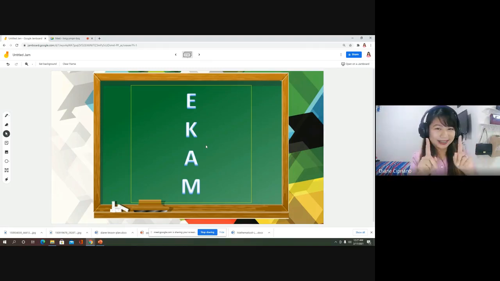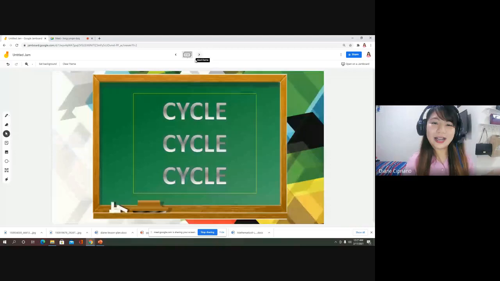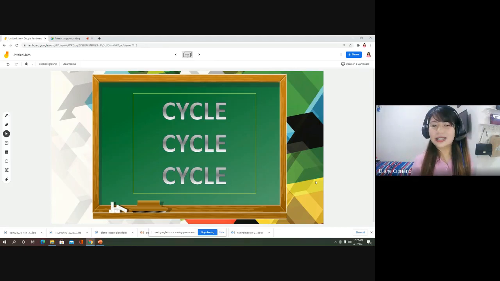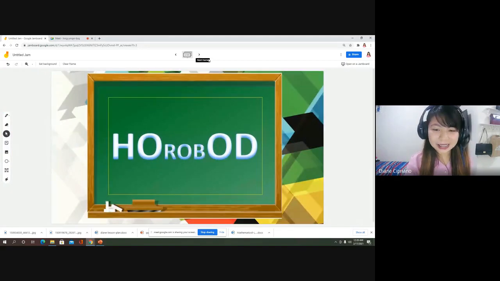Got it. On our next slide, what would be the answer? You have cycle, cycle, and cycle. Very good, you got it right. This is tricycle. On our next slide, we have HOROBOD. What would be the possible answer? Very good.